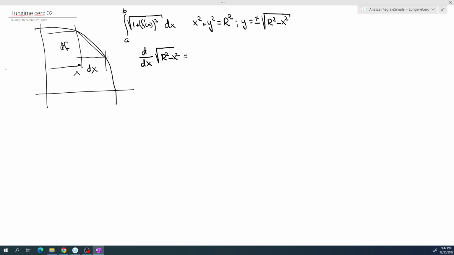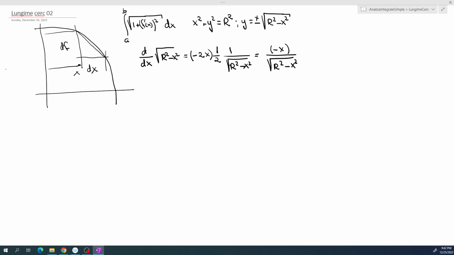It is equal with the derivative of r squared minus x squared, which is minus 2x, then I have 1 over 2 times the square root of r squared minus x squared, and this is equal with minus x divided by the square root of r squared minus x squared.